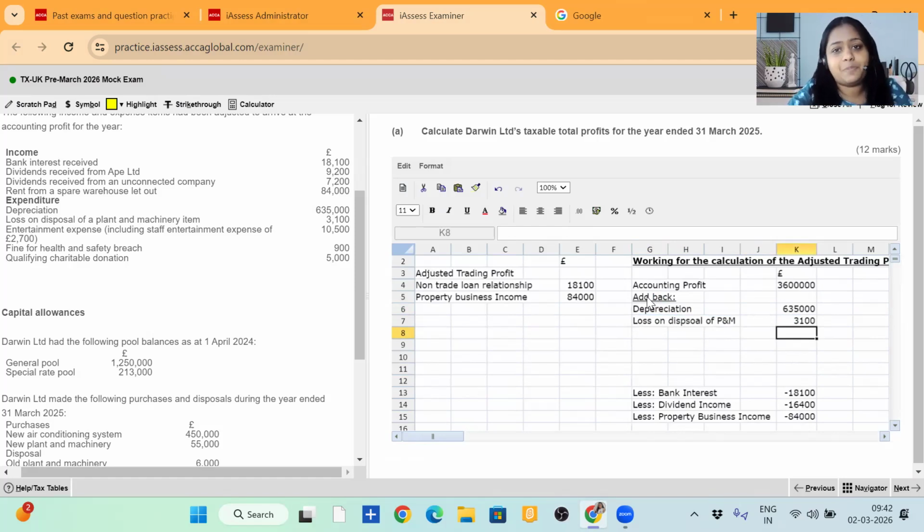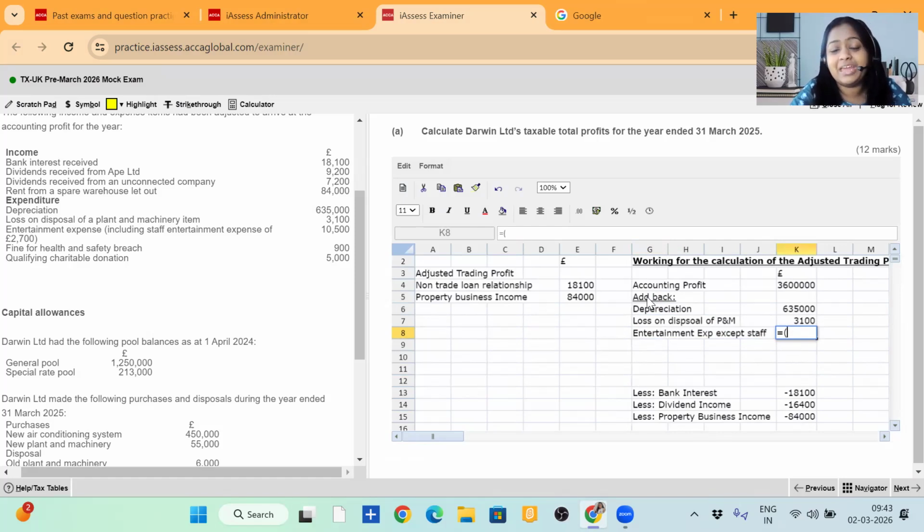The next is entertainment expenses, including staff entertainment expense of 2,700. Staff entertainment expenses are allowed. So here I will write entertainment expenses which are disallowed, except staff. Unless it is overseas customers, no, I'm sorry, overseas clients is for VAT. Okay.